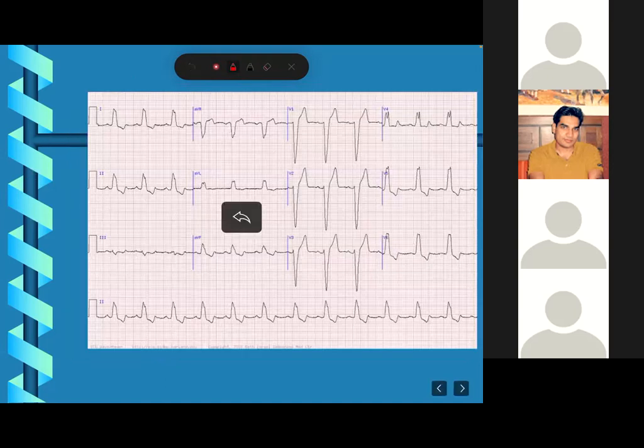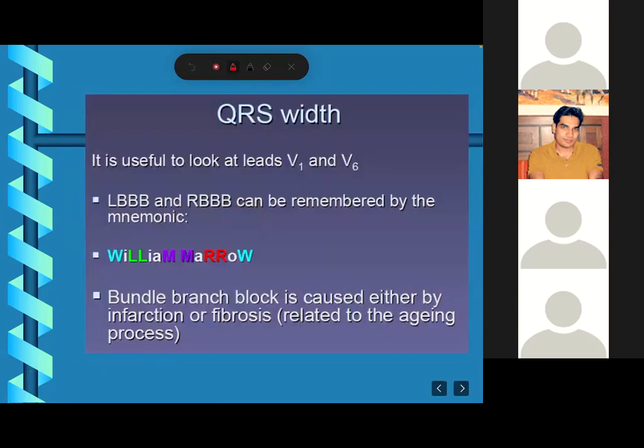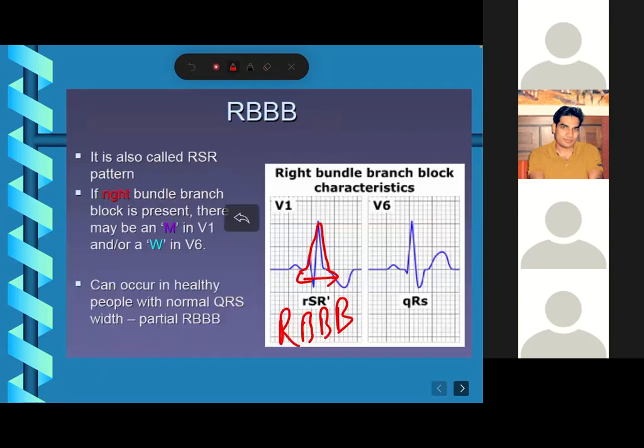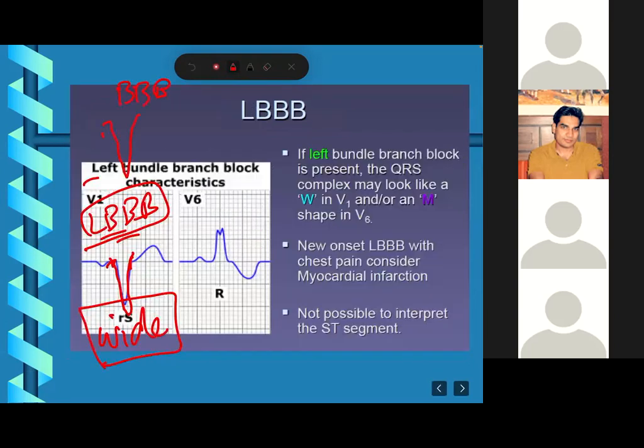This is the mnemonic related to William Marrow, but it's easier this way: if a wide QRS is present, there is a bundle branch block. And if V1 has a negative deflection, it's LBBB. And if V1 has a positive deflection, it's RBBB.